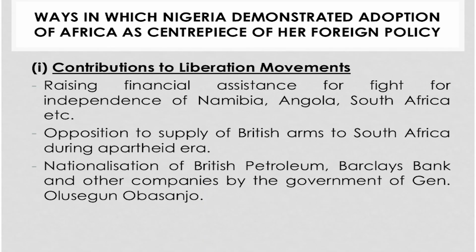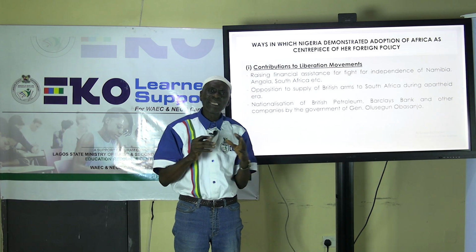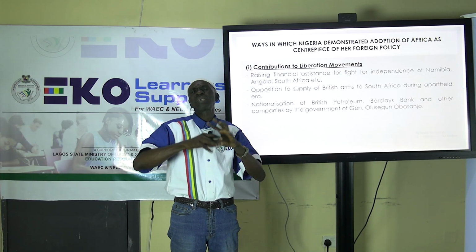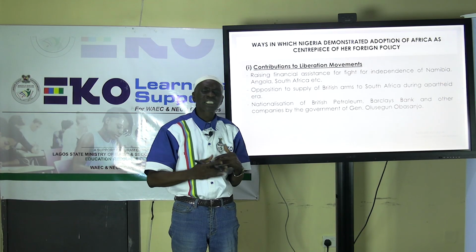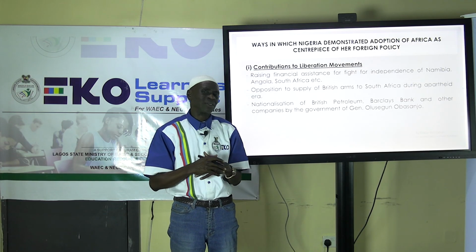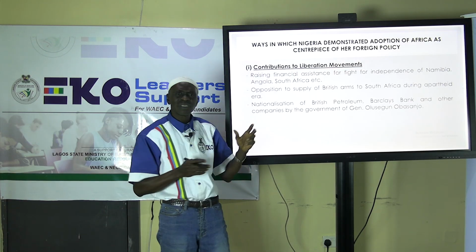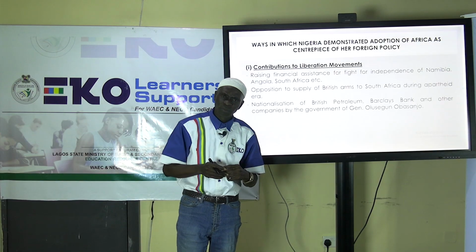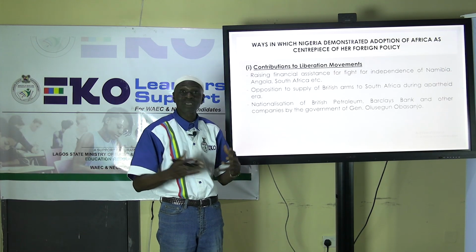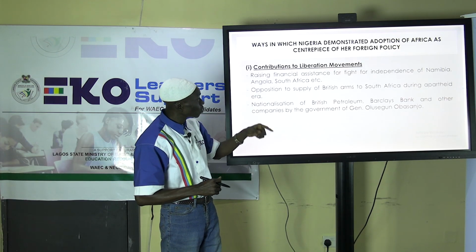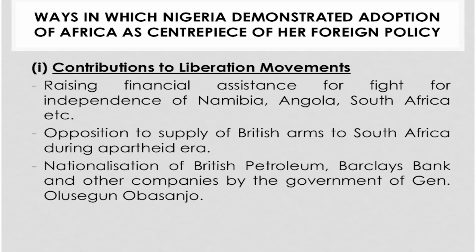Opposition to supply of British arms to South Africa during apartheid era. Yes, apartheid has been something that caused serious damages to South Africa. Discrimination of whites against the blacks. This was vehemently opposed by Nigeria with the support of some West African countries to make sure that Britain, don't forget that our colonial masters were the British, was not to supply arms to South Africa during the apartheid era.